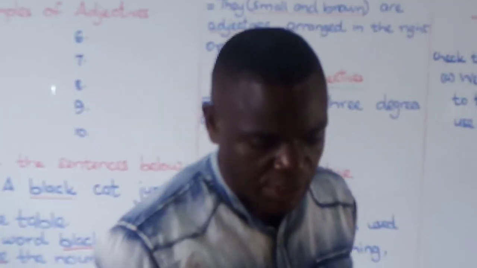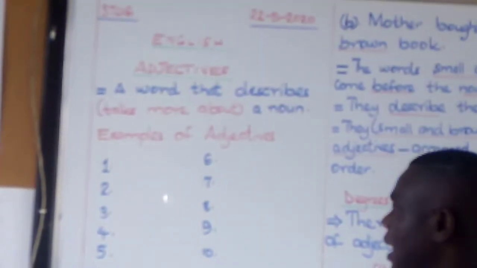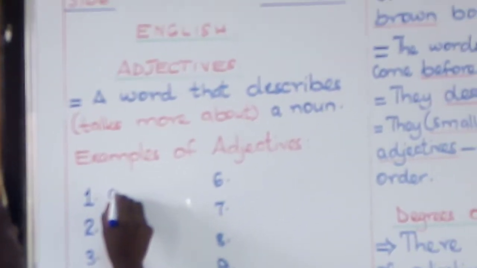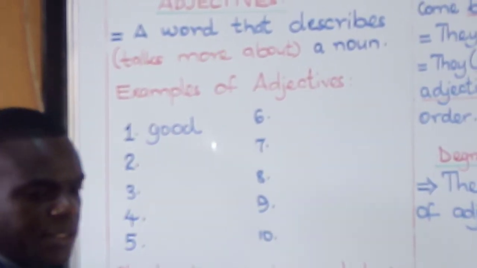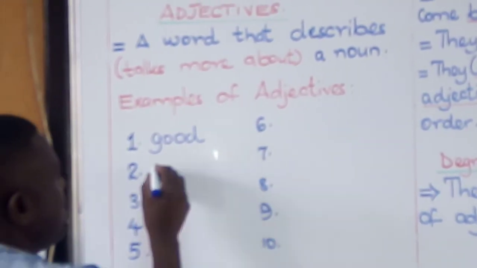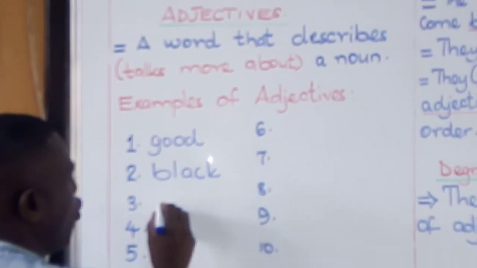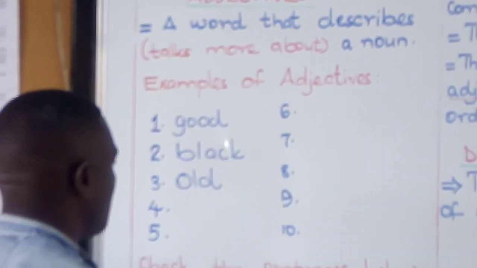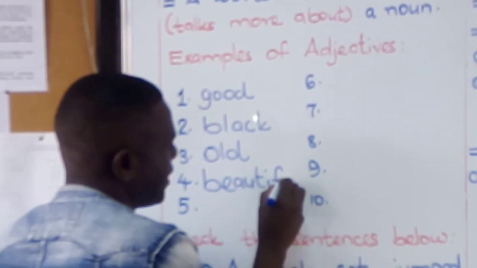I want us to look at some examples of adjectives. And we can start by saying we have good. The word good is an adjective. The word black is an adjective. The word old is an adjective.